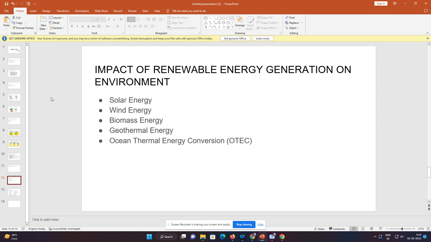Solar energy is available easily and is the cleanest of the new renewable energy sources, for direct conversion of solar radiation into usable form, through solar thermal, solar photovoltaic, and solar architecture.